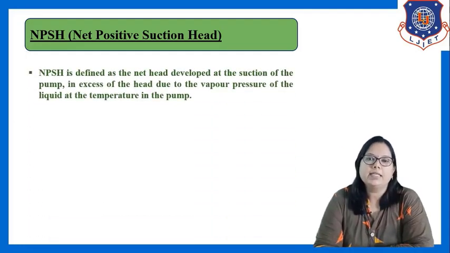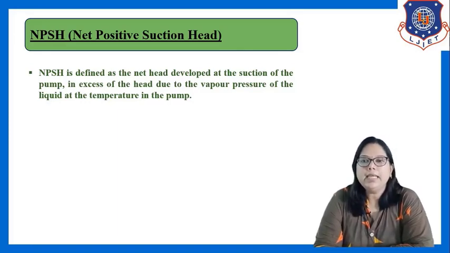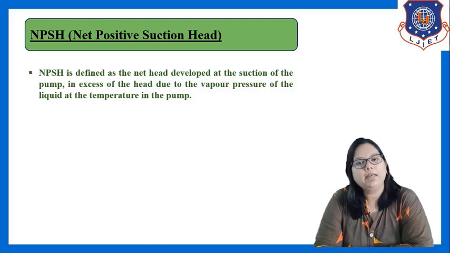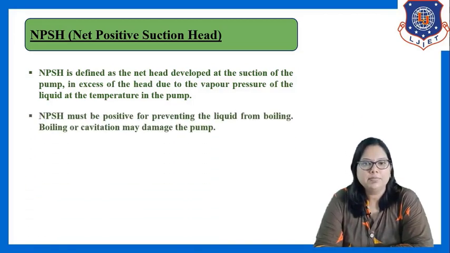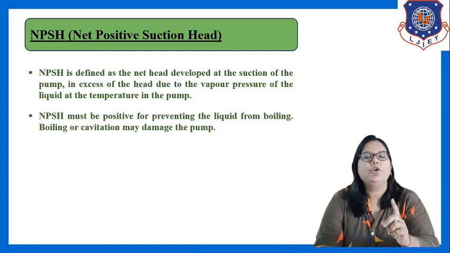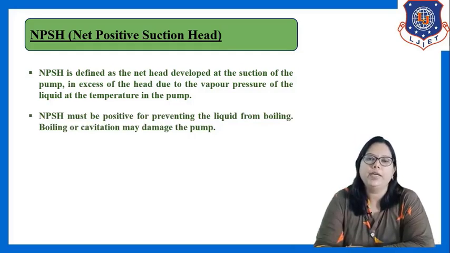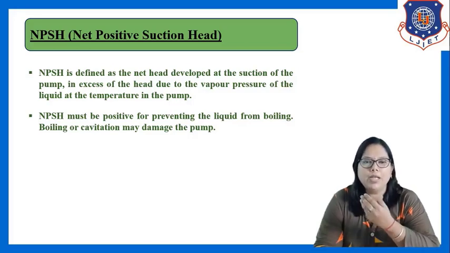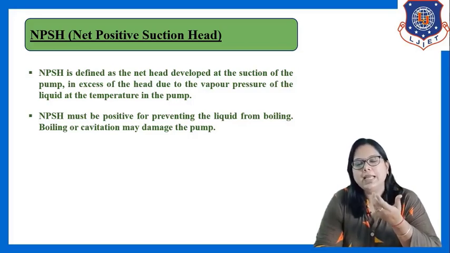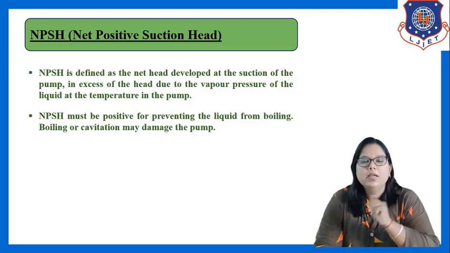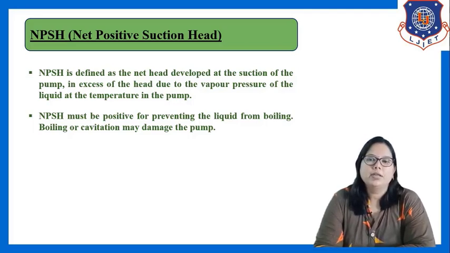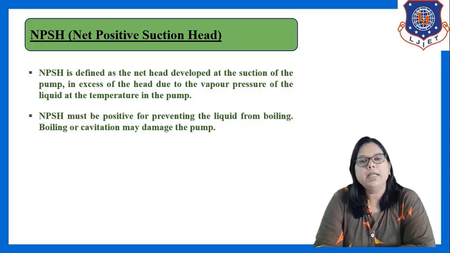NPSH is defined as net head developed at the suction of the pump in excess of the head due to vapor pressure of the liquid at the temperature of the pump. And NPSH must be a positive value in preventing the liquid from boiling or from vaporization. That means cavitation. And when cavitation happens, it may damage the pump.